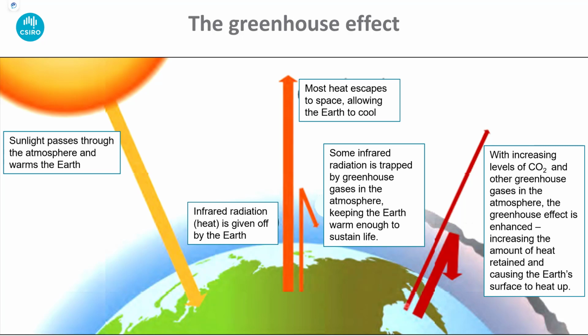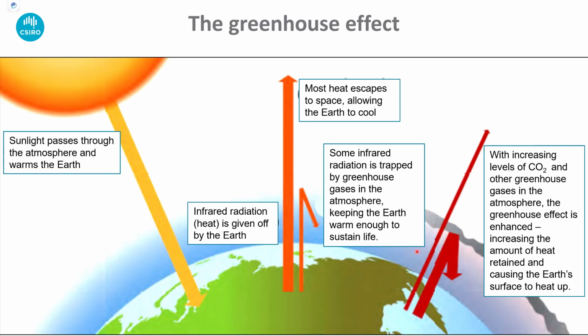What's happened though is, as we now know, increasing levels of greenhouse gas in the atmosphere have changed the nature of this balance. So less of the heat that's radiated from the Earth manages to escape out to space, because more of it is intercepted by the molecules of greenhouse gas in the atmosphere, which in turn means that more heat is re-radiated back to the planet than should naturally be occurring.